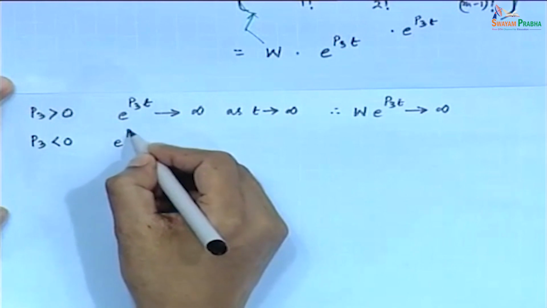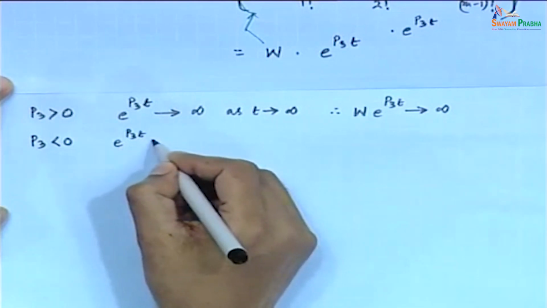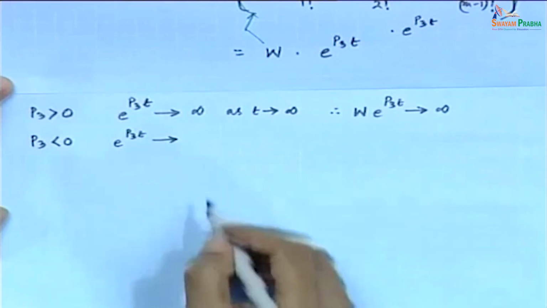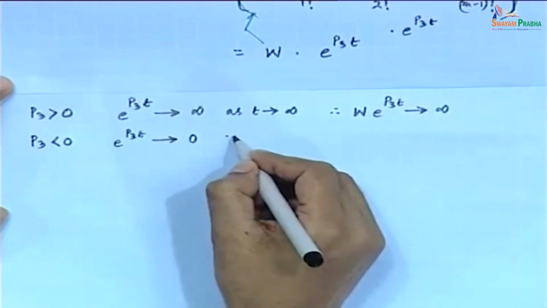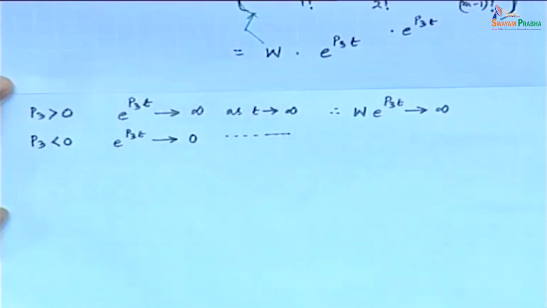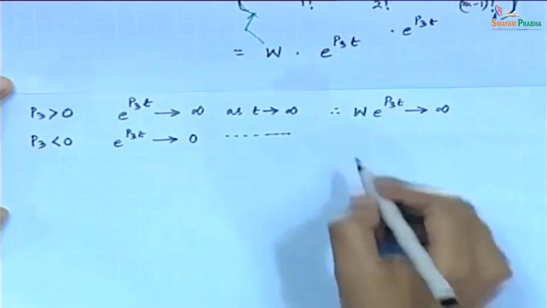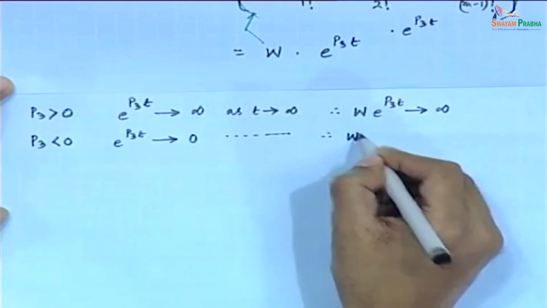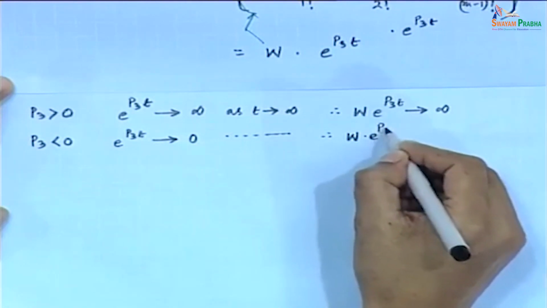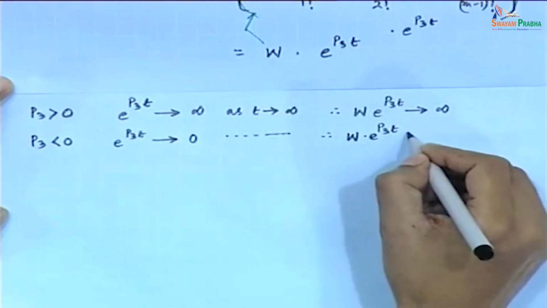Then exponential of P 3 t tends to 0 as t tends to infinity. So, what about this W multiplied by exponential of P 3 t? It will decay to 0.